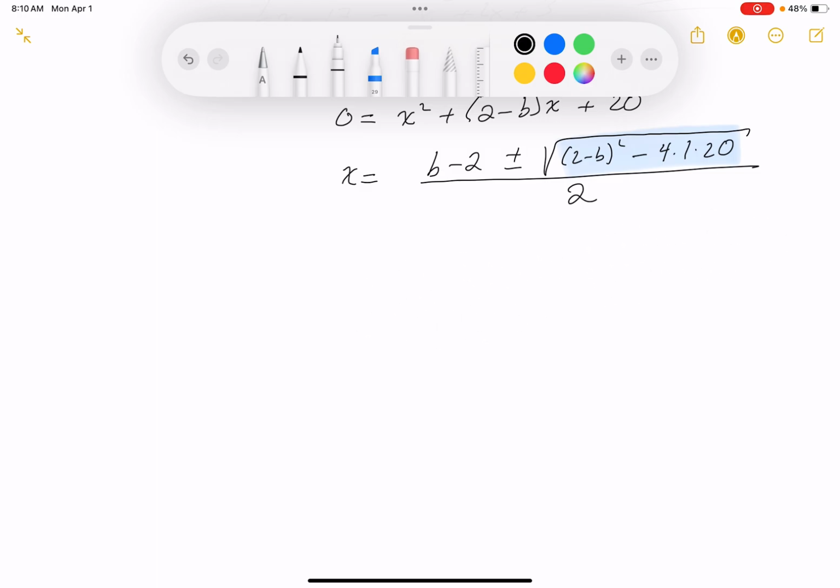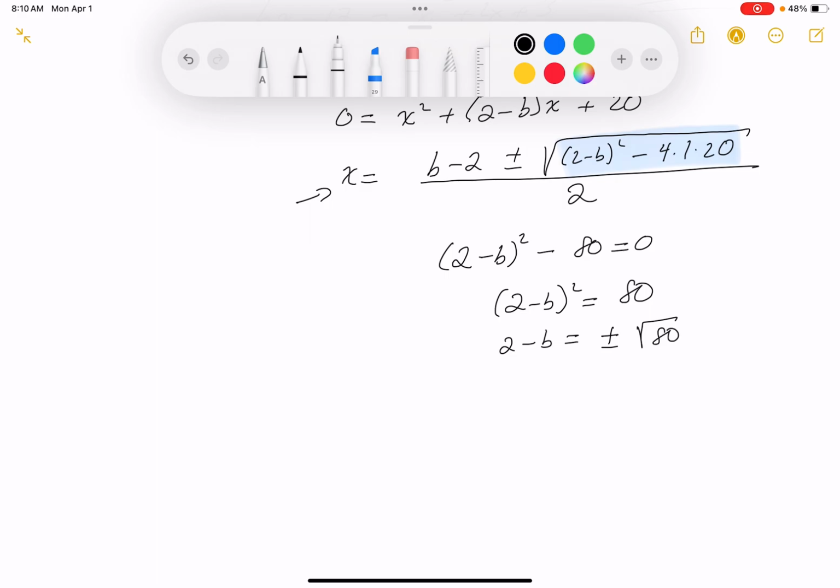And how would you do that? Let's write this down. Because then I'd have a unique root over here. It would be repeated, by the way, but it would be unique. So 2 minus b squared minus 80 would have to be 0. Well, 2 minus b squared would equal 80. And what do you get over here? You get 2 minus b equals plus or minus the square root of 80.